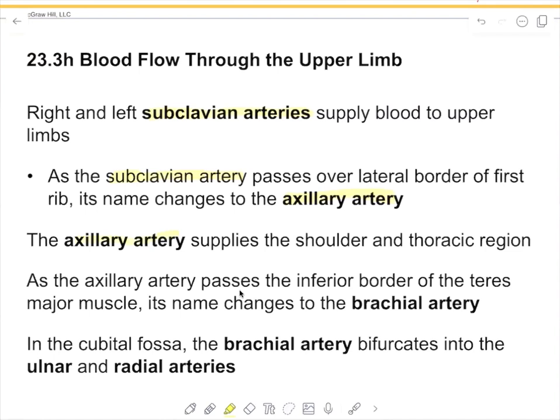That axillary artery then supplies the shoulder and thoracic region, and it passes to the upper arm where it becomes the brachial artery. And that brachial artery then is going to split at the elbow area, bifurcate into the ulnar and the radial artery.